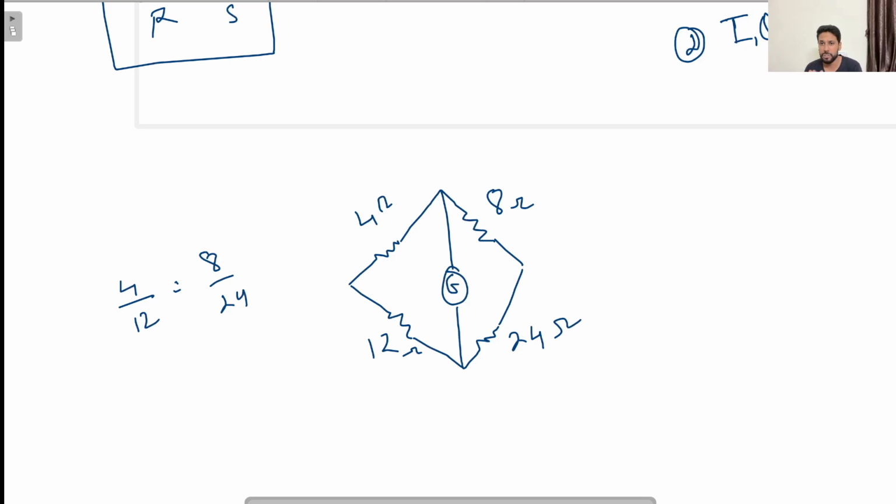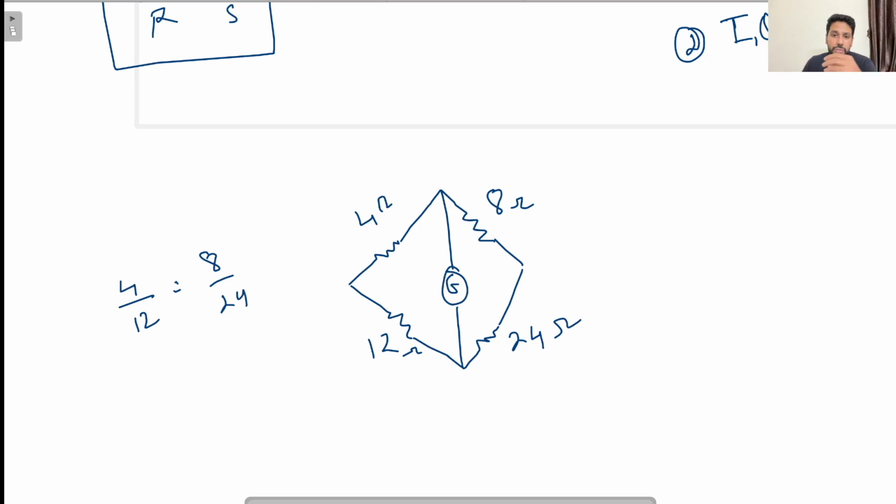So when the Wheatstone bridge is balanced, you don't have to do anything. Like, let's imagine in the place of G, there is some other resistor. So in your calculation you need not include the resistor, because the current is not going there at all.